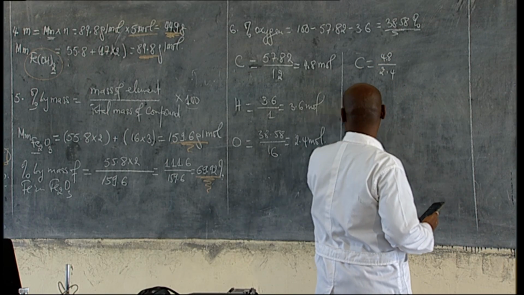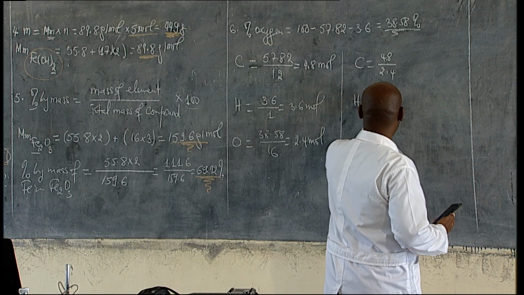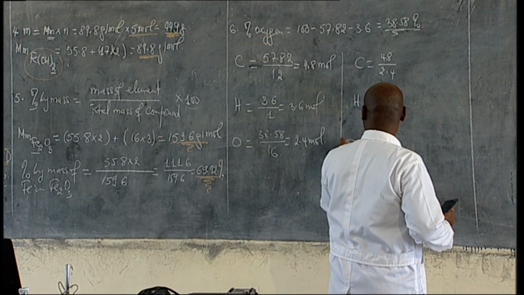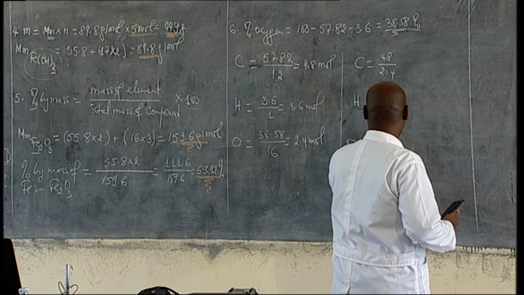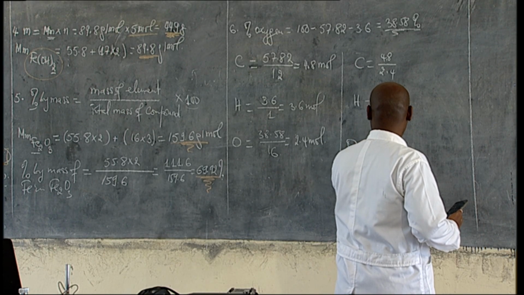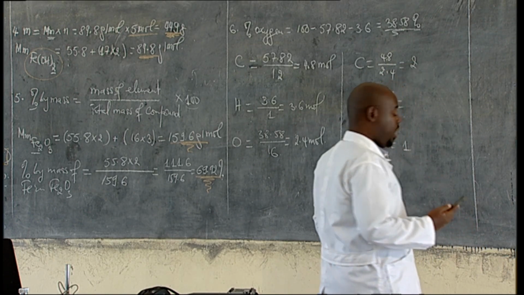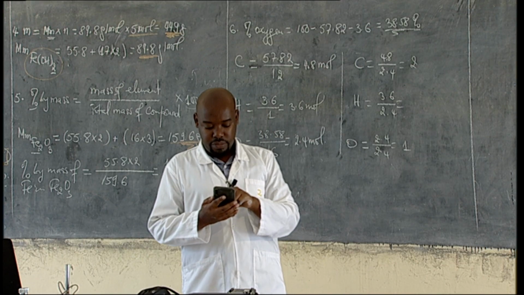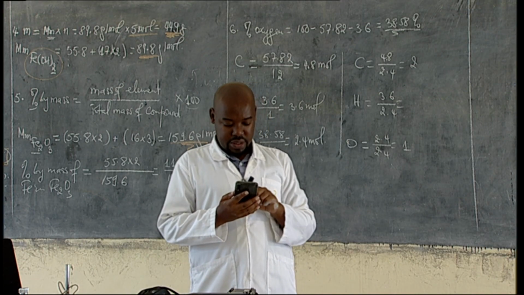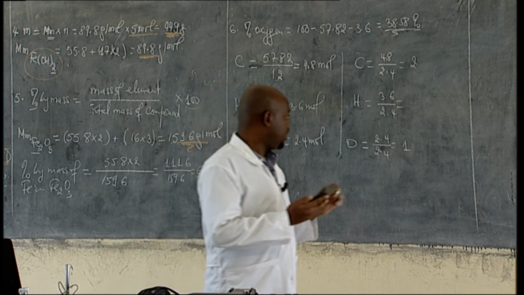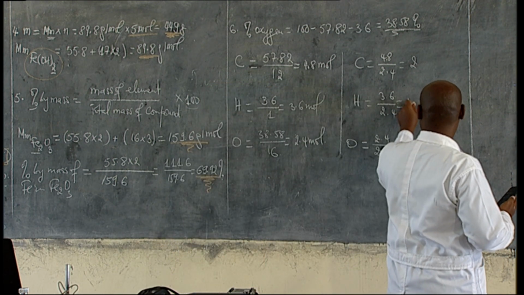See, this is the smaller one. For hydrogen, it's 3.6 over 2.4, and for oxygen, it's 2.4 over 2.4. We get 1 for oxygen, 2 for carbon, and for 3.6 over 2.4, we get 1.5.